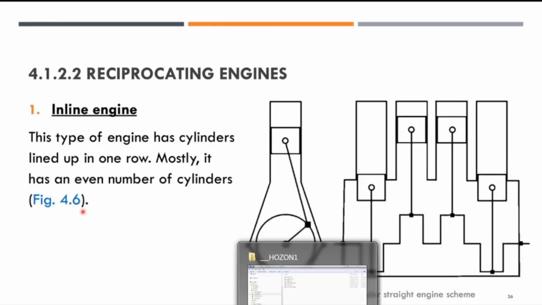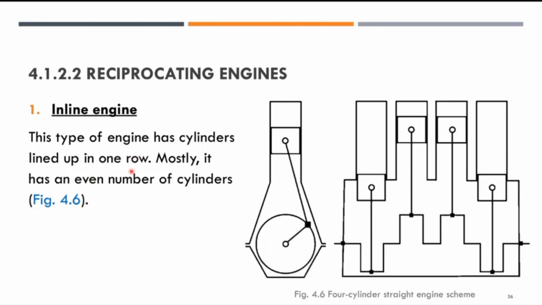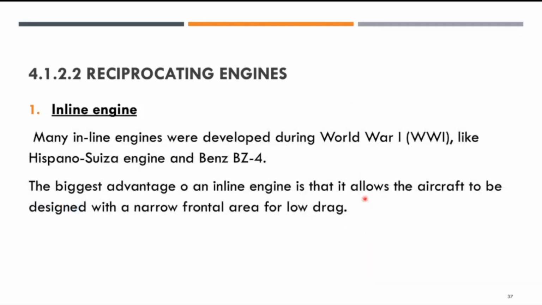The first one is the inline type of engine, and this type of engine has cylinders lined up in a row, one row like this, and mostly it has an even number of cylinders. So this is a 4 cylinder straight engine scheme, right? This is just a schematic diagram. Again, you may want to Google how it looks like in the real situation.